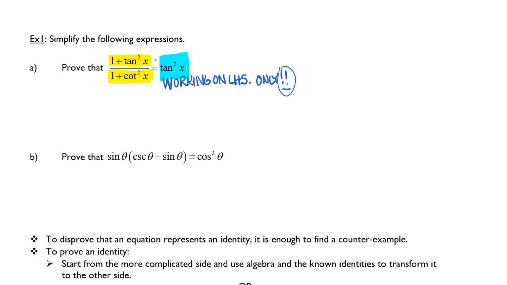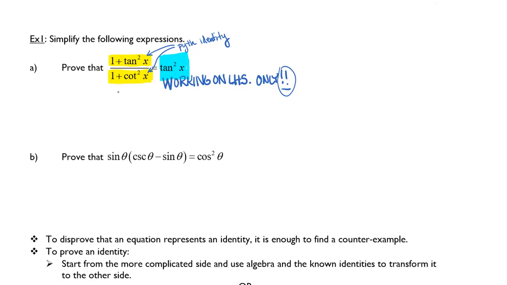First thing I'm going to do is recognize that 1 plus tangent squared of x is one side of our Pythagorean identities. And same with the denominator. 1 plus cotangent squared of x is one side of a Pythagorean identity. Do you remember which ones they are?